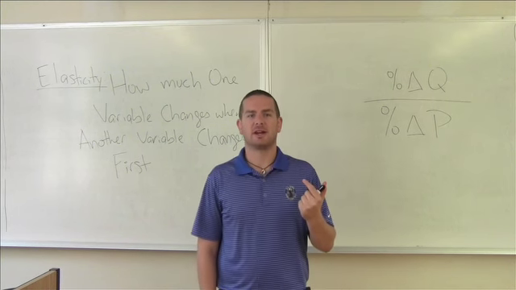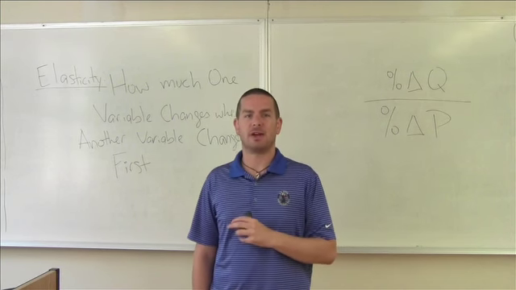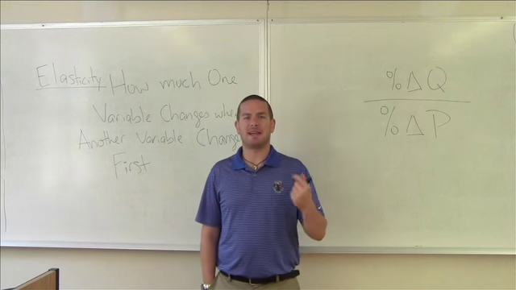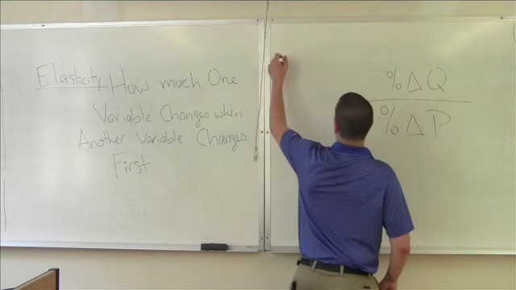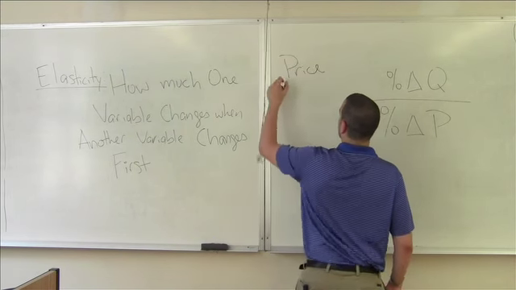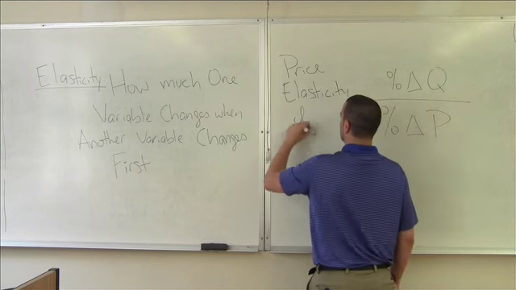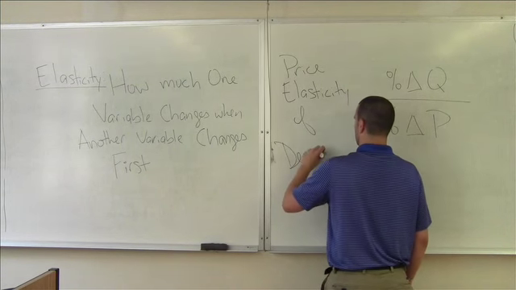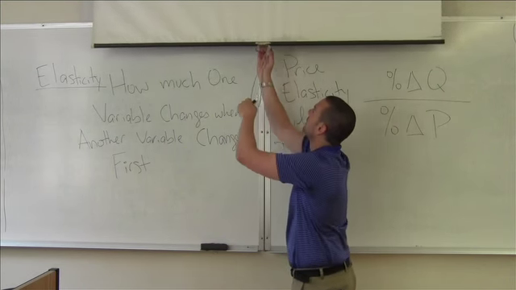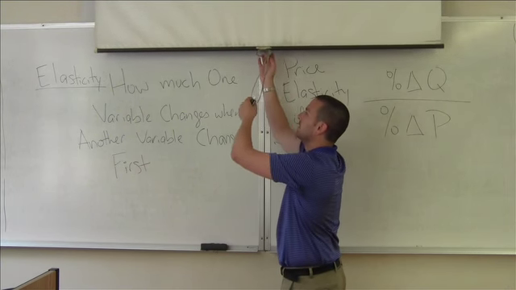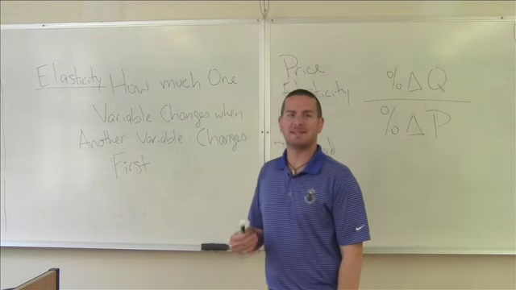The one we just discussed, how much more gas do you buy when the price goes down, or how much less do you buy when the price goes up 10 cents, is an example of what we call the price elasticity of demand.